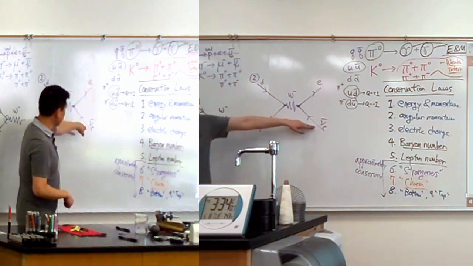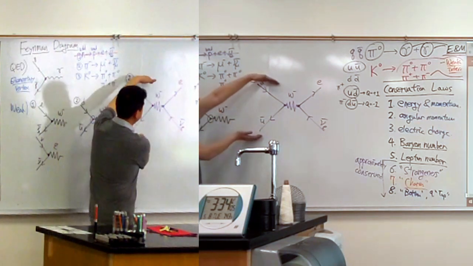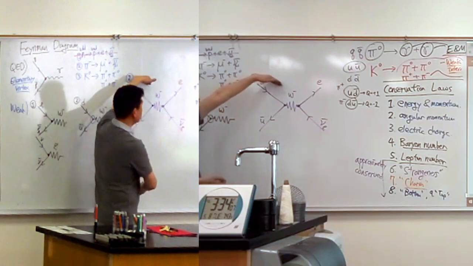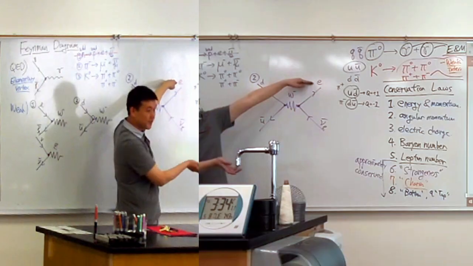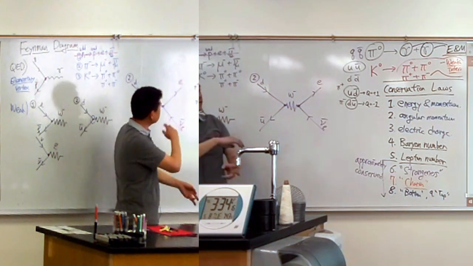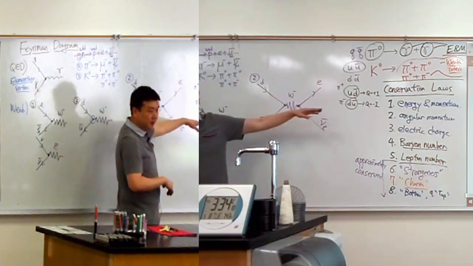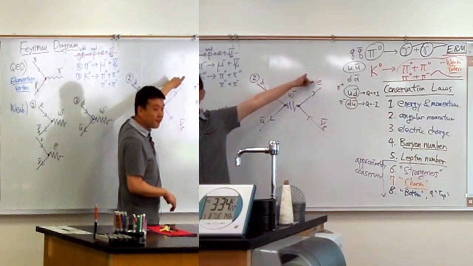So this neutrino always has to be produced with a particular spin state. The pion is a spin zero particle, so to conserve angular momentum, this has to come out with a particular spin state. And that's the opposite of the spin that it naturally comes out with. So in the interaction, it has to flip the spin of this particle.